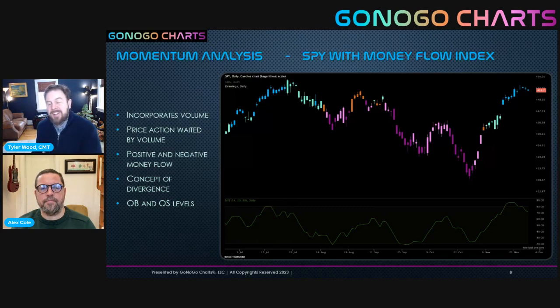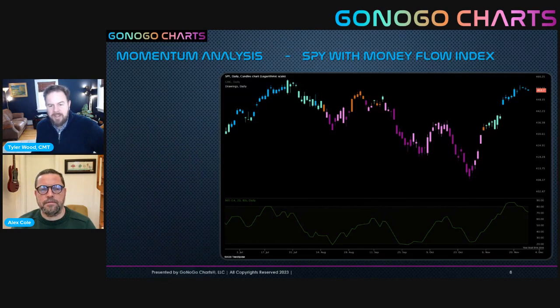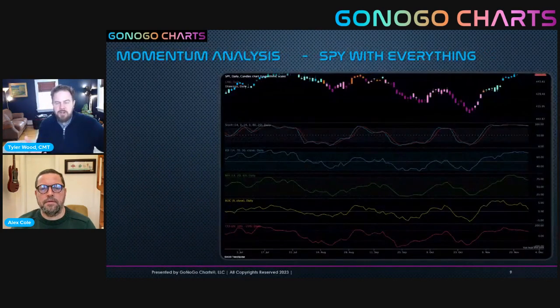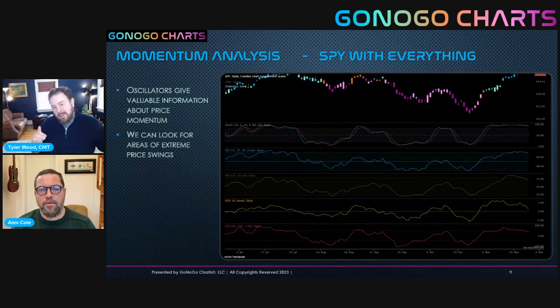So Alex, we've got a lot of different momentum tools that we could look at, all of them calculated differently, all of them very powerful in their own ways. But when we get to a chart like this, we can use our GoNoGo trend, simplify what we're looking at from trend identification tools, and we could stack layer after layer of momentum oscillators that are giving us perhaps different views of some of the same data, looking at a similar concept.